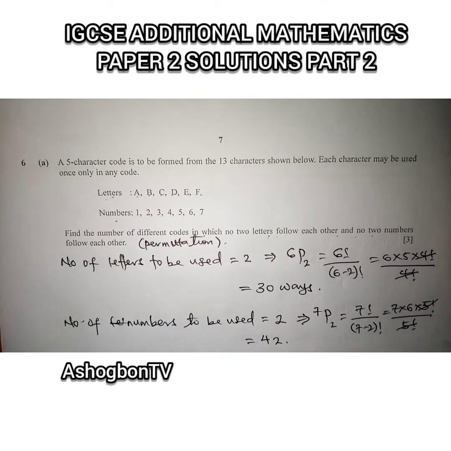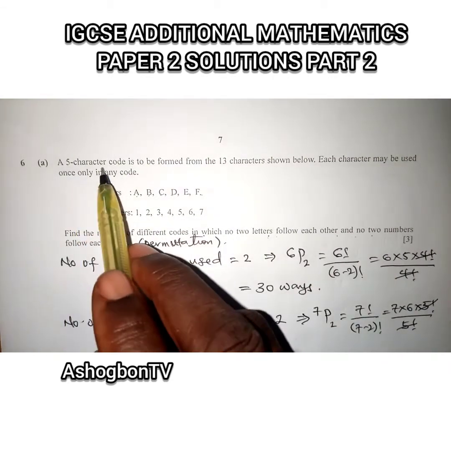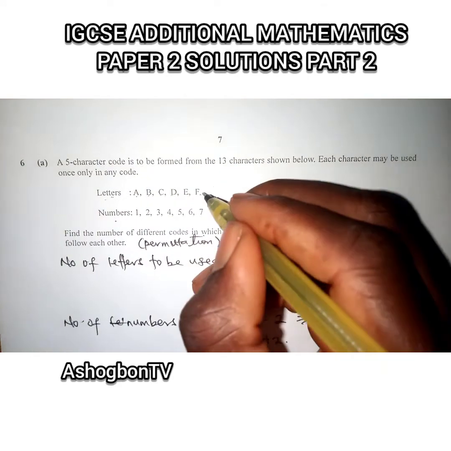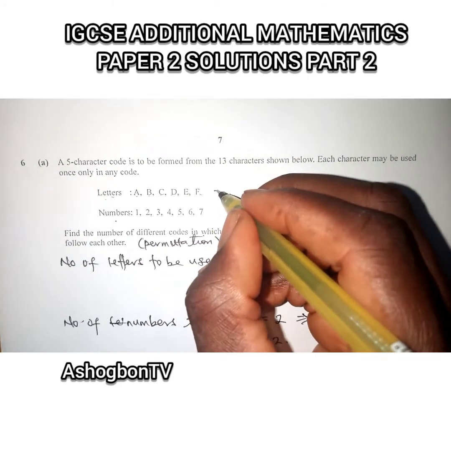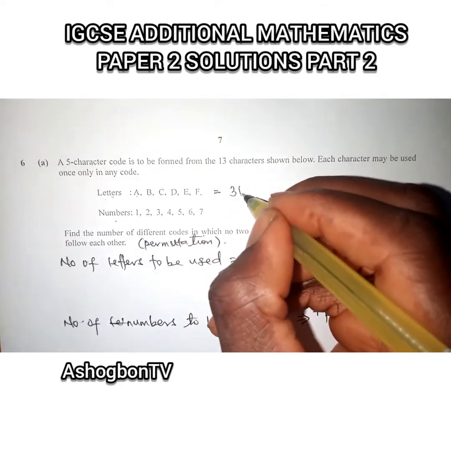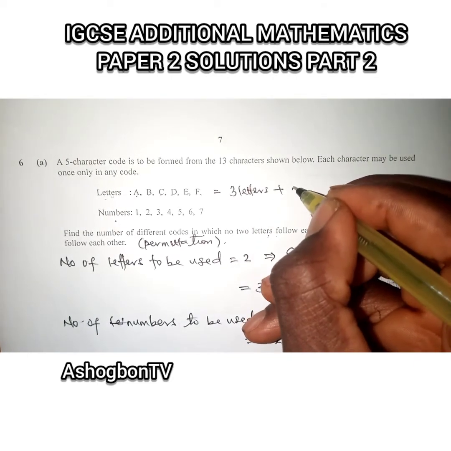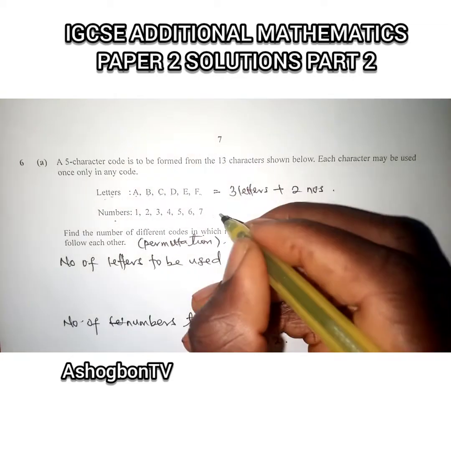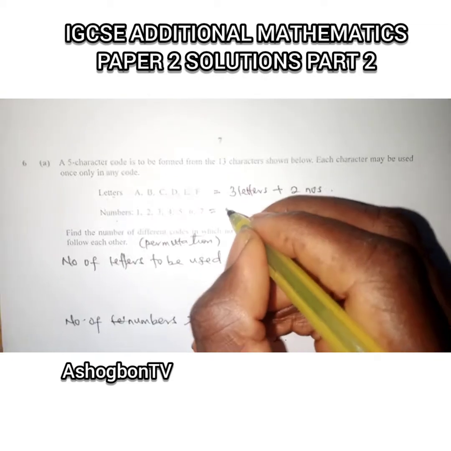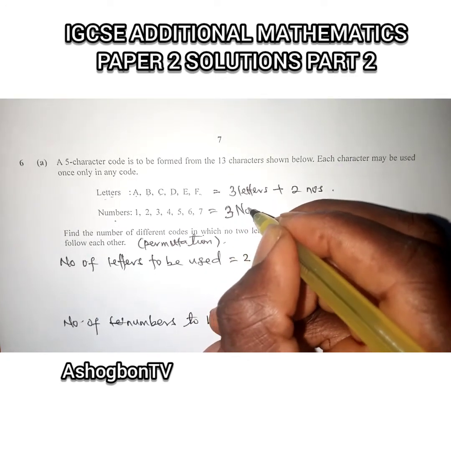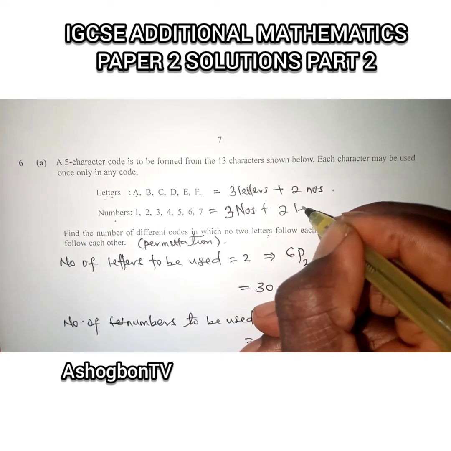So in that case, find the number of characters to be used. What's the total number of characters here? We have 5. So if I'm going for letters, it can either be 3 letters plus 2 numbers, or 3 numbers plus 2 letters.